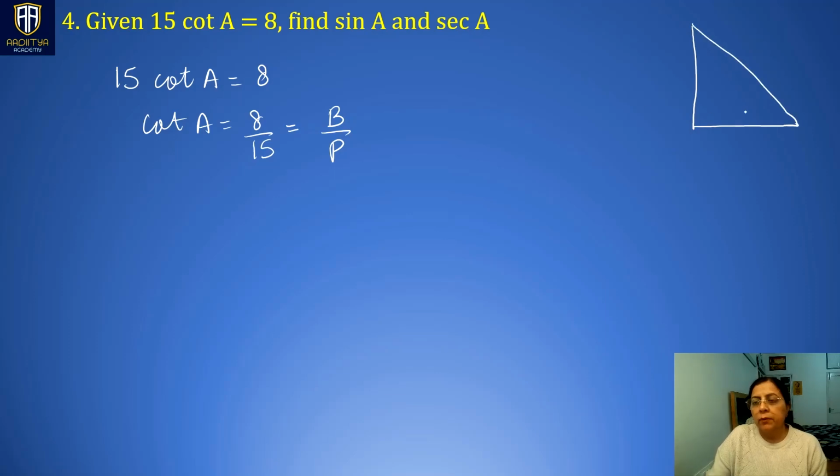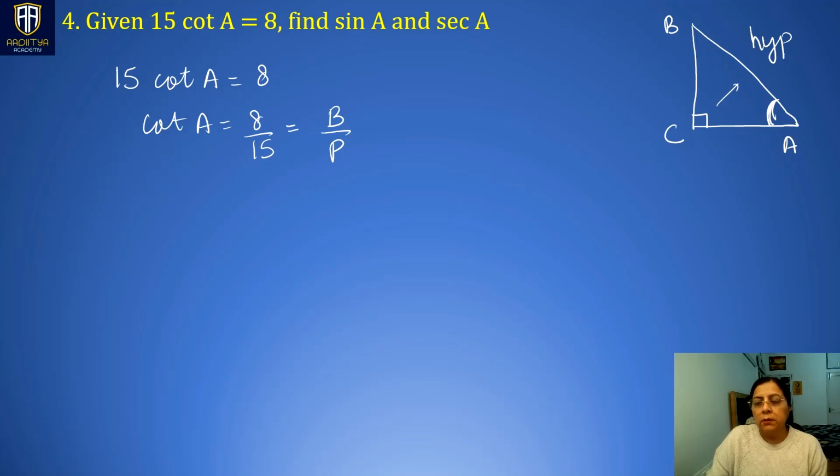So if we make a figure, let us assume that A is here, B is here and C is here, right? We have to keep A as an acute angle, the rest is adjustable. Now I am taking ratios about angle A. This is the 90-degree angle, so the side opposite to it is the hypotenuse.